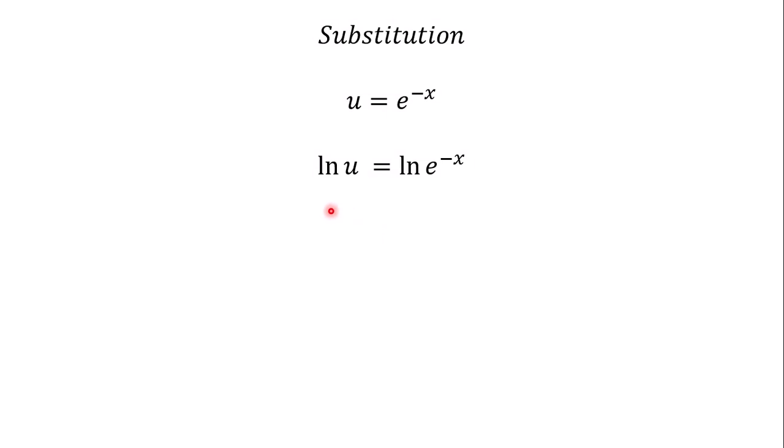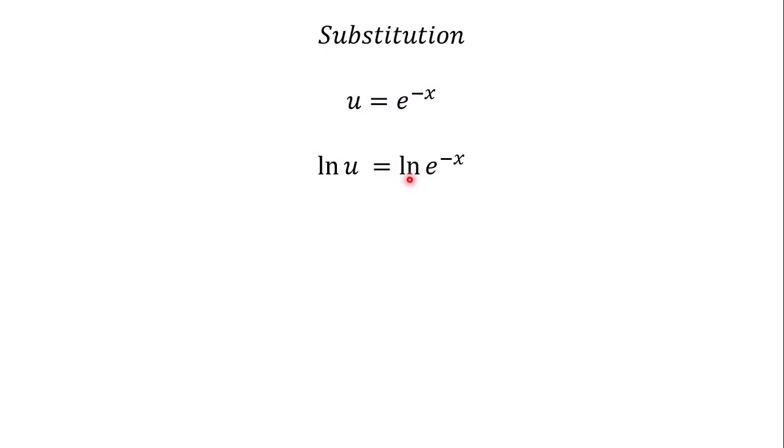When you take natural log of both sides, we get natural log of u is equal to natural log of e raised to the power minus x. So how are you going to get x back?